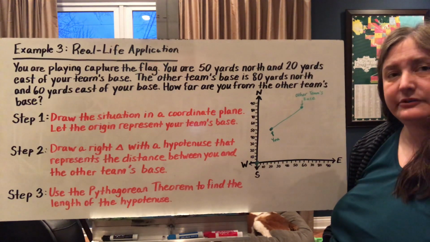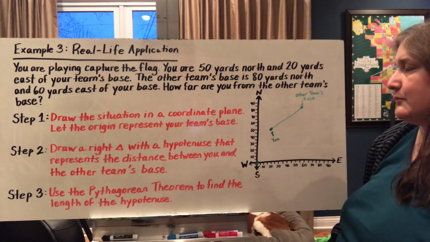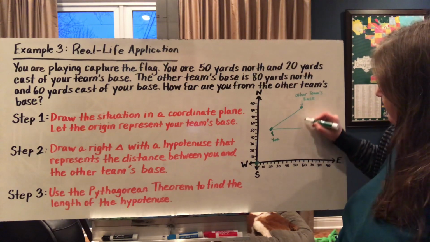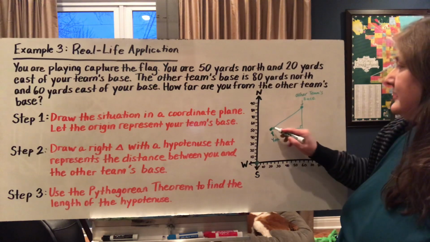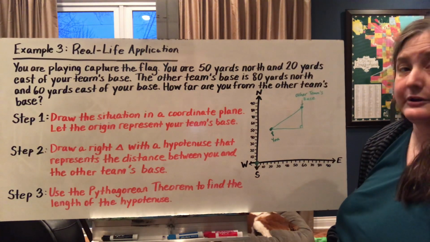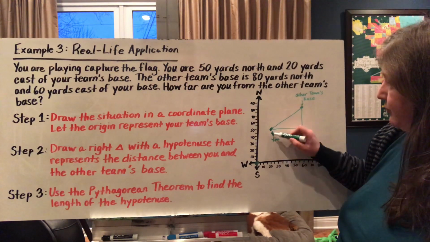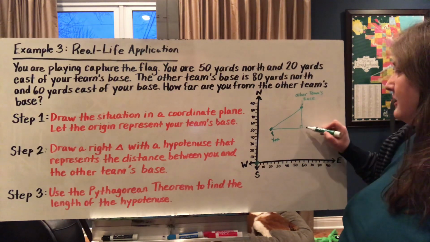Well, when it's a diagonal distance, it's hard to measure, but we can turn this into a right triangle. So I could add in the other sides here and turn this into a right triangle where the distance that I am from the other team's base is represented by the hypotenuse. So here I know that I am 20 yards east and their base is 60 yards east.